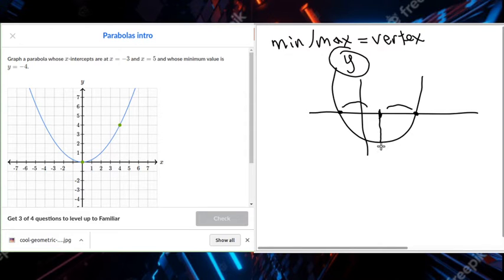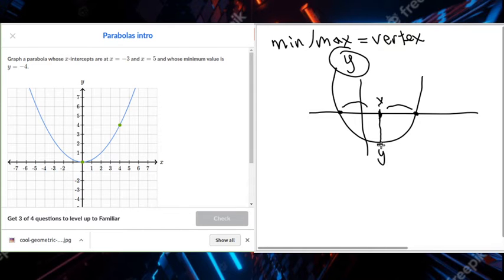And so if we say we know the x value of the vertex is right here, and then if it gives us the y value. But if we have the formula, then we can just use these factors, and then we can get the vertex.